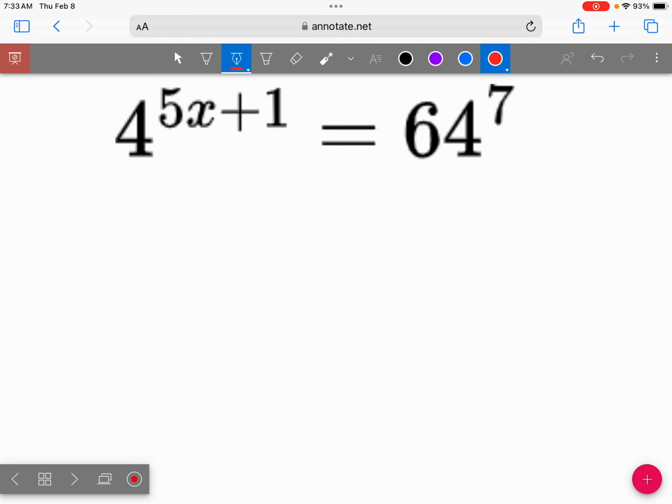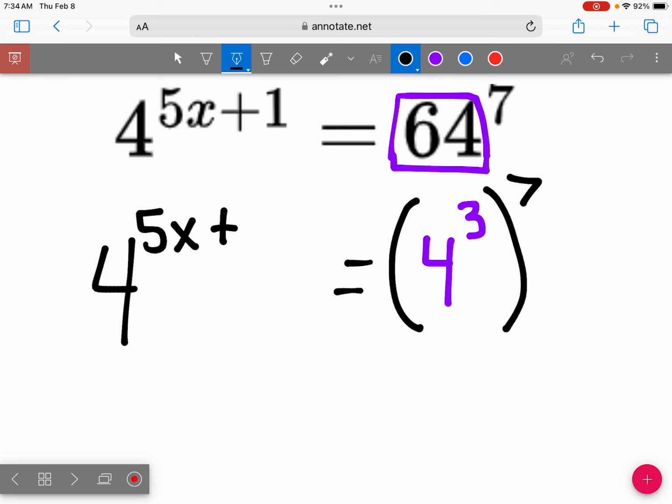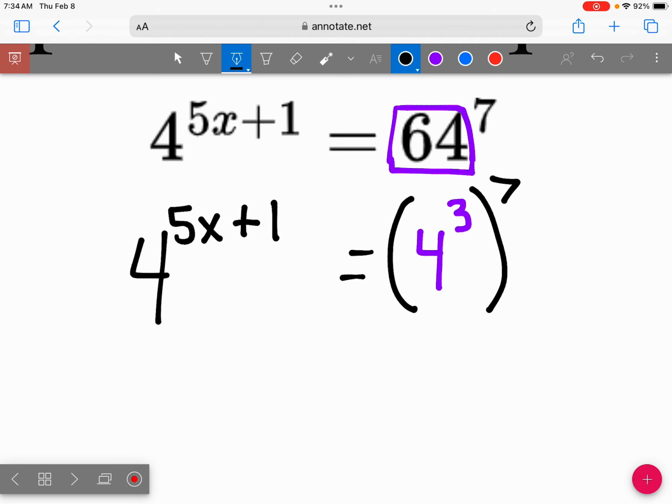We need to make them have the same base. What can we do? 64 we can write as 4 cubed. This one's already in base 4, so that'll work just perfectly for us. Because now we have 4 cubed to the 7th and 4 to the 5x plus 1. 64 is 4 cubed.